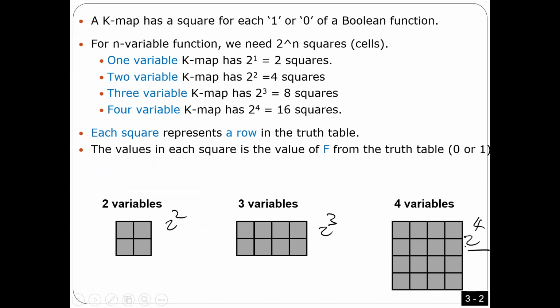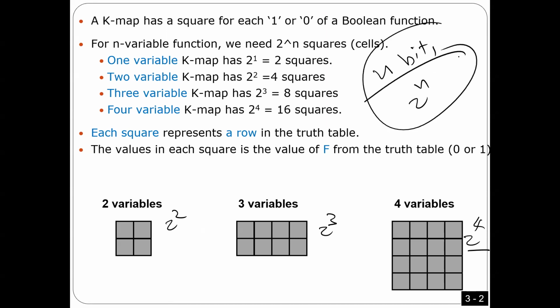Is that okay? You remember this relation from the very beginning of this course, right? If you have n bits, you have 2 to the power of n different combinations. This is actually all possible cases.